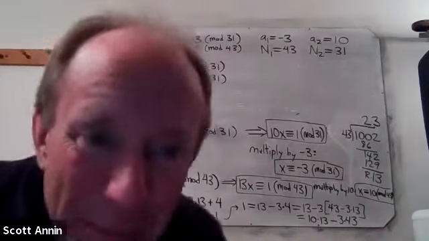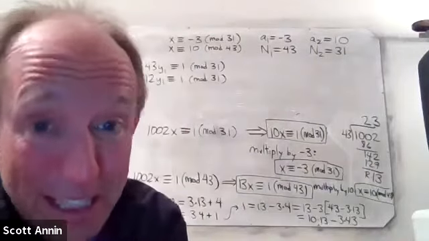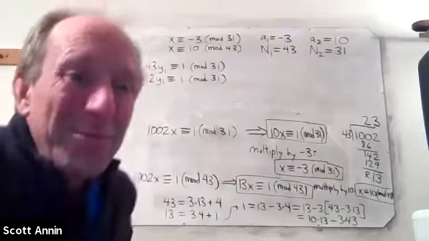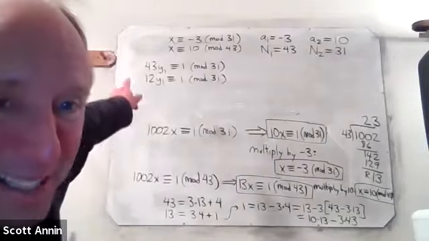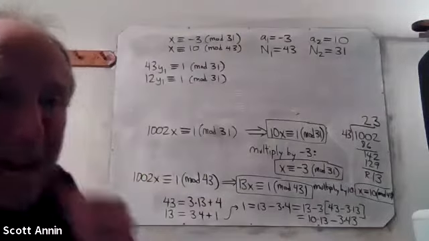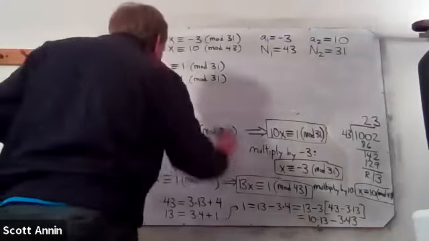I was looking this up on my old exam. This was like a 15-point problem. Like it's a pretty substantial problem, right? There's a lot to do here on one of these. So to solve for y1, now I've got to run my Euclidean algorithm. So I take 31. Let me just go ahead and do it here.